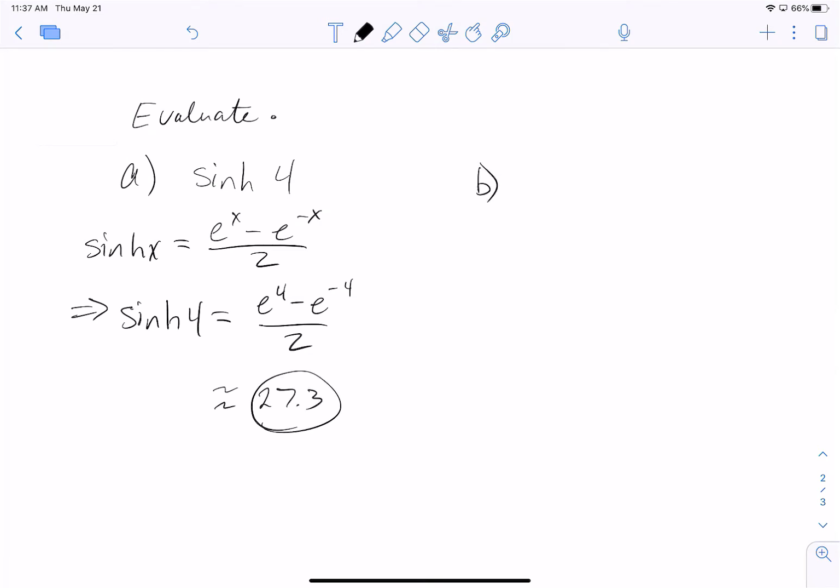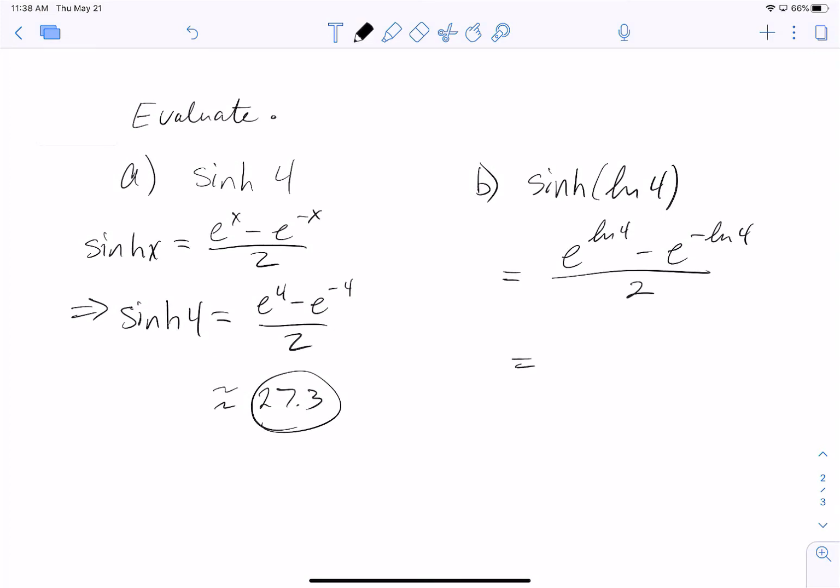There's a part B to this exercise. Evaluate the hyperbolic sine of the natural log of 4. Again, using the definition, we're going to say that this is equal to e to the natural log of 4 minus e to the negative natural log of 4 divided by 2.